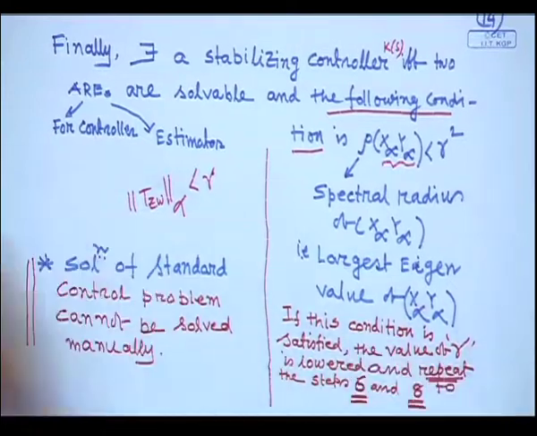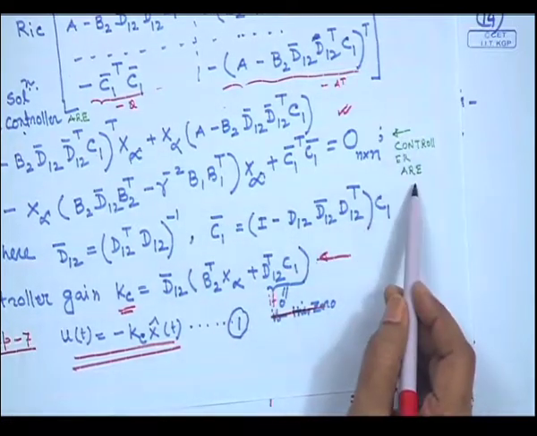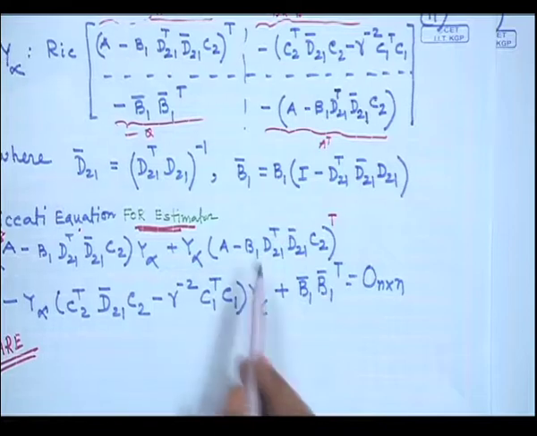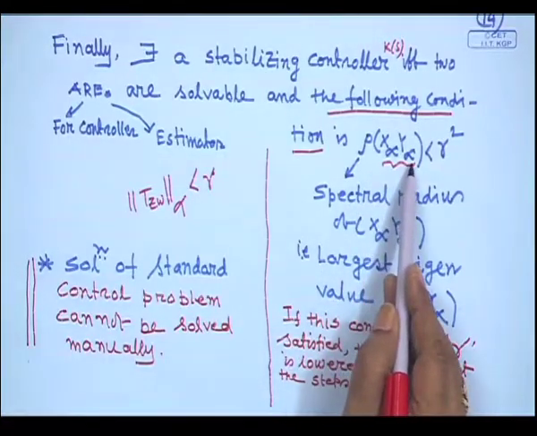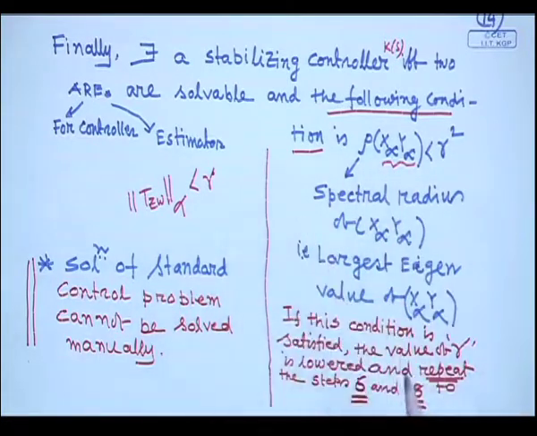What are steps 6 and 8? Repeat 6 and 8: step 6 is the solution of the controller Riccati equation, and step 8 is the solution of the observer Riccati equation. Once you solve X infinity and Y infinity, you can easily find this. If this is less than that one, then you reduce further and solve steps 6 and 8, agree.